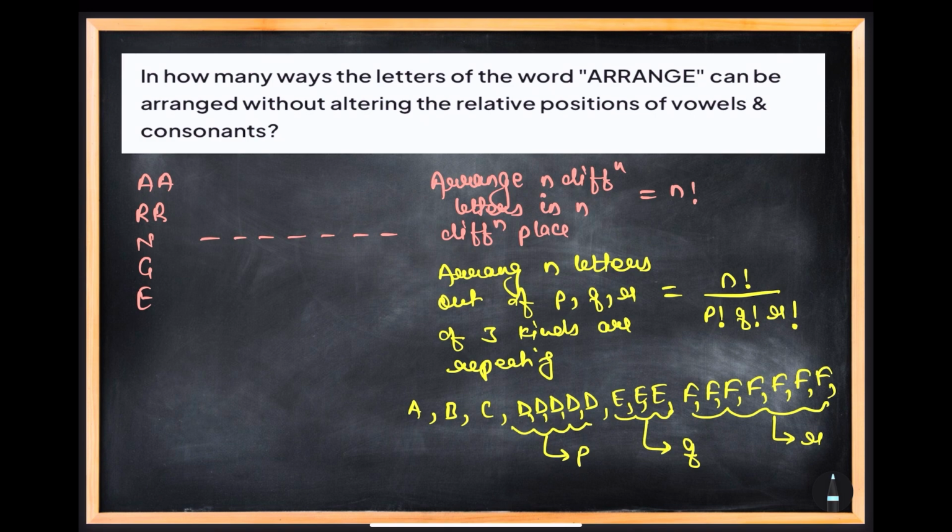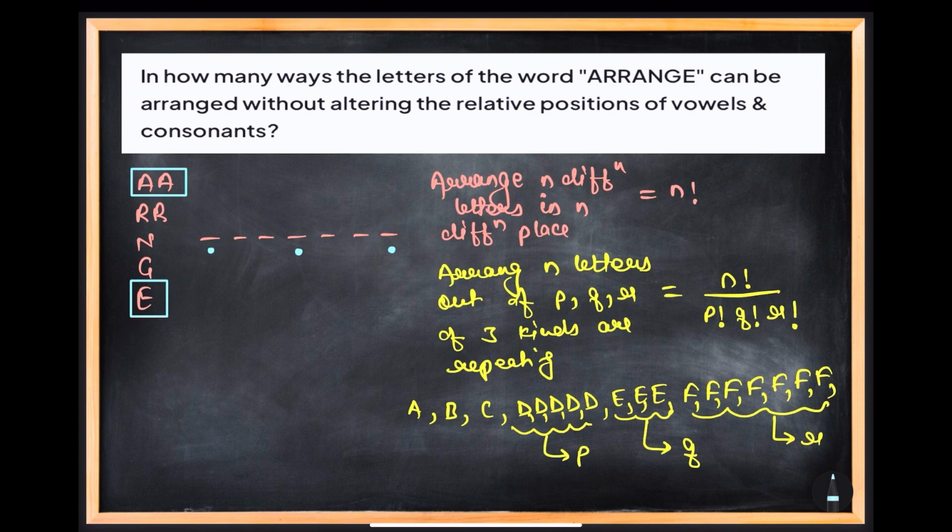Look at the vowels: A, E, I, O, U. These are the vowels and the remaining letters are consonants. This was the place of A, this was the place of A, and this was the place of E. So these places are for vowels and the remaining places are for consonants.